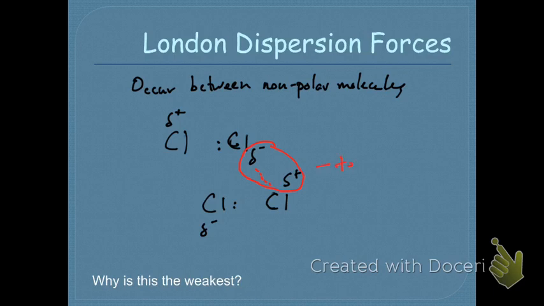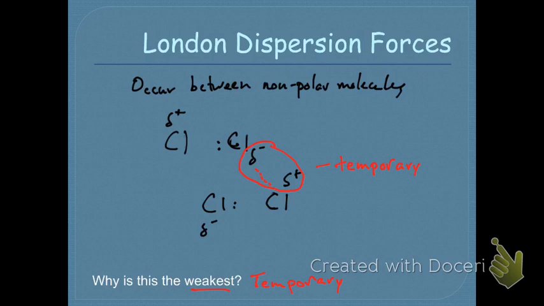This is very temporary. The electrons move back, and then that connection is lost. So why is this so weak? Because it's temporary. There's an attraction between the negative and positive, but it just happens and then it's done. London dispersion forces are the weakest, and they happen between nonpolar molecules.